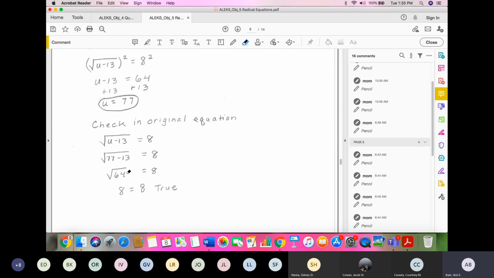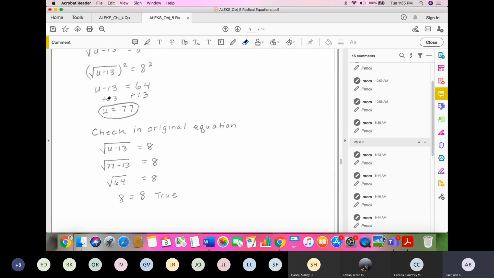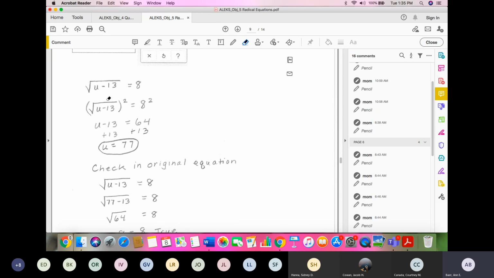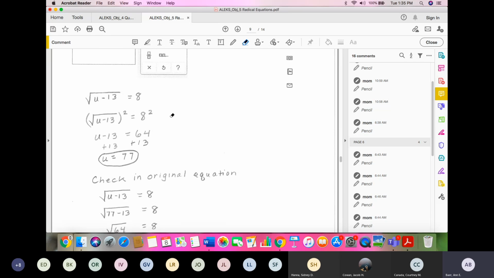The square root of 64 is 8. We got 8 on the left side here. 8 does equal 8 on the right side. That is definitely true. So that means our solution is u equals 77. So that u equals 77 is what goes in the box, the ALEKS box.